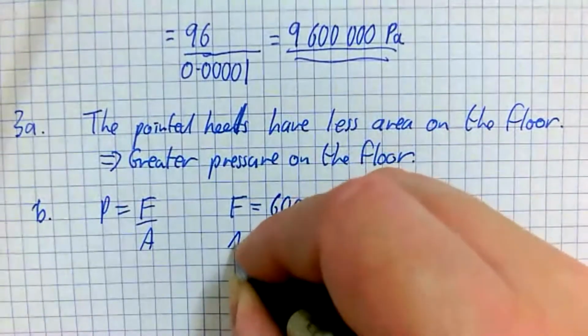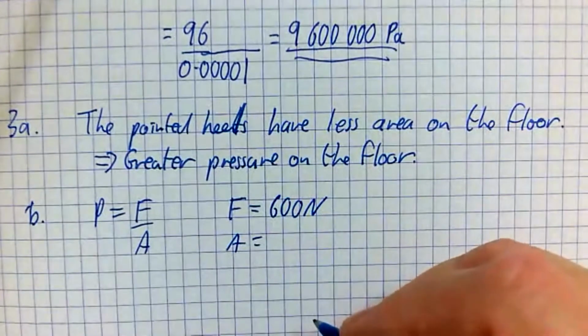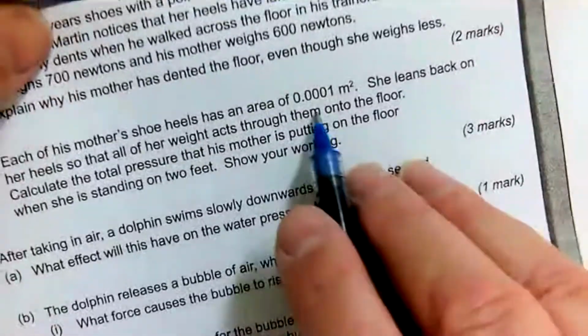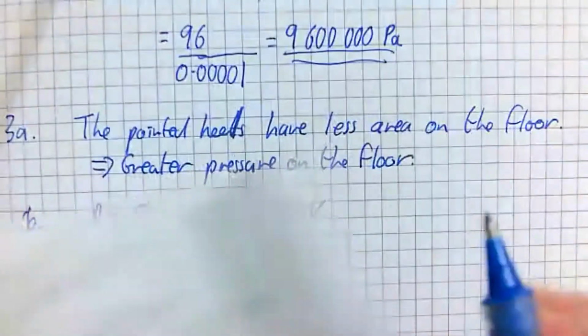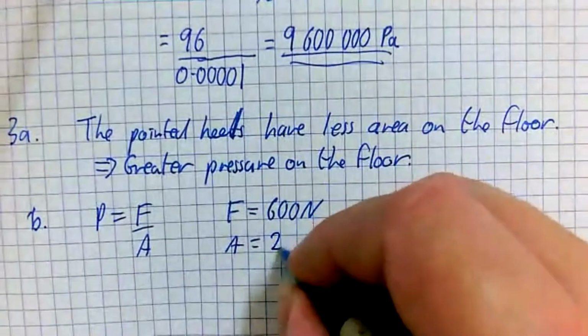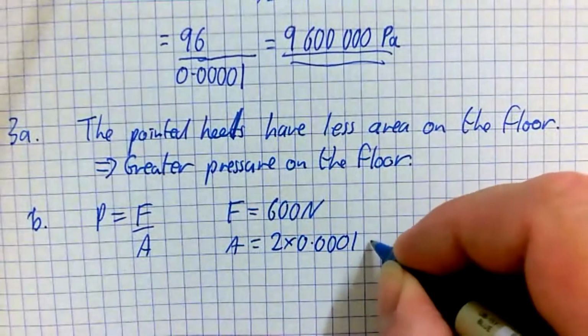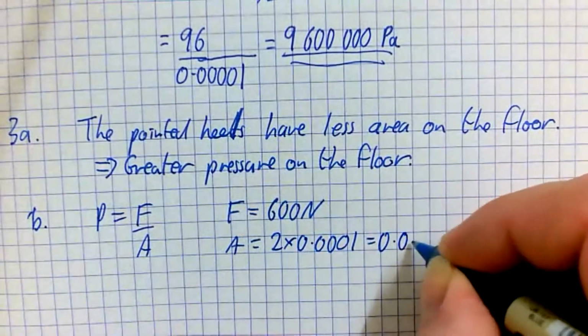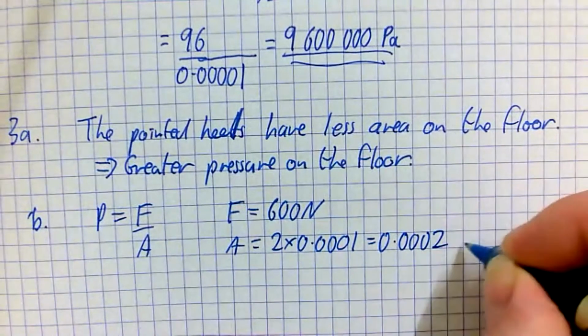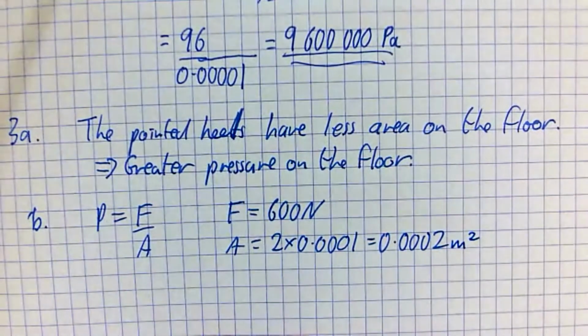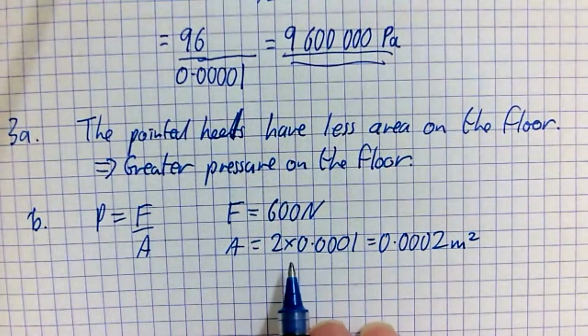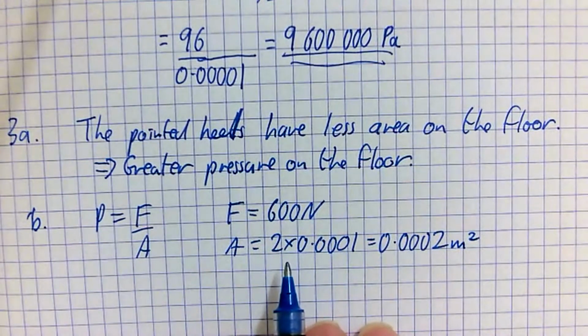The area, where's the area of each heel? So each heel is 0.0001 square meters. So it would be 2 times 0.0001 square meters, which is 0.0002 square meters. Okay, so I've got the reasoning there, the reason that there are two feet, therefore 2 heels, and that would be therefore the area.